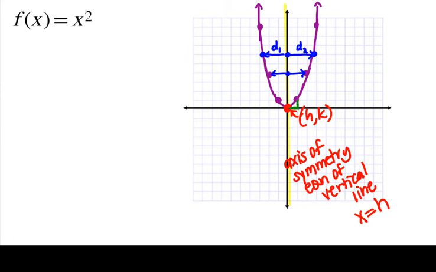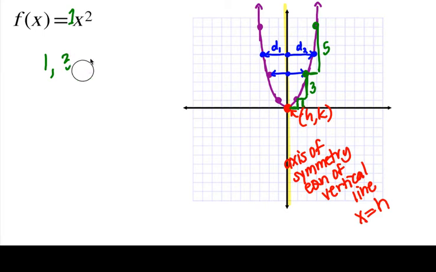If you go right 1, up 1, right 1, up 3, right 1, up 5, and you keep adding 2, right 1, up 7, right 1, up 9, that will give you accurate points on your parabola, as long as the leading coefficient is 1. Once the leading coefficient changes, the 1, 3, 5 rule changes.